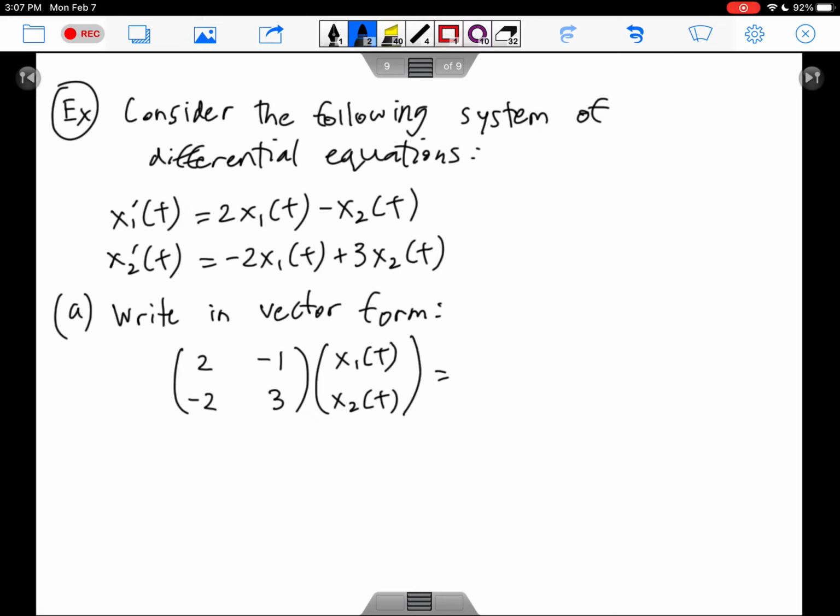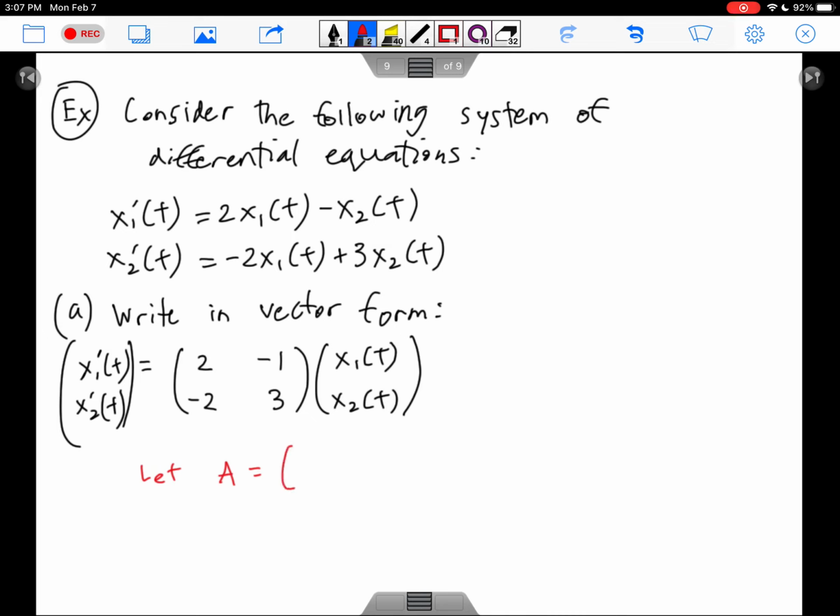Sorry, I wrote that wrong. I need to write my vector first. So we have an x1 of t and an x2 of t. We've got that vector on the left is equal to the matrix times that vector on the right. That's how you write it.